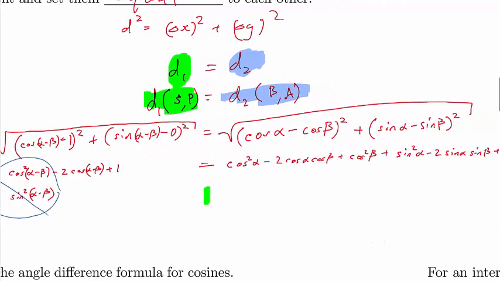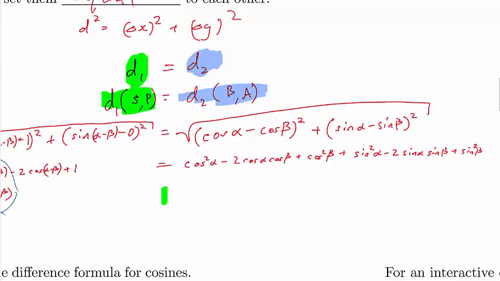And now look over here. When we come over to the right hand side, we'll notice a lot of similar things happening with our rearranging. You can see right here we have a plus sine alpha squared. And so let's just look at that over here. We can see that we got a cosine squared plus sine squared going on right there. All right, so that is quite a bit of simplification.